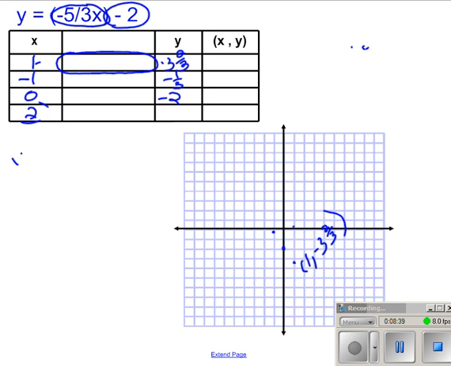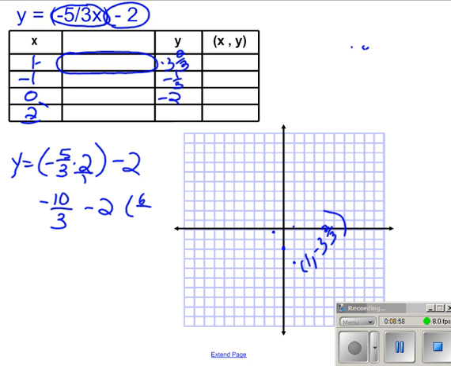Y equals negative 5/3 times 2 minus 2. Negative 5/3 times 2 would be negative 10/3 minus 2. Once again, I'm going to think of that as 6/3. Negative 16/3 is negative 5 1/3.